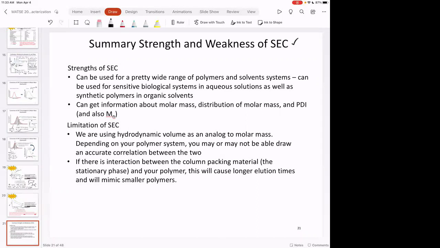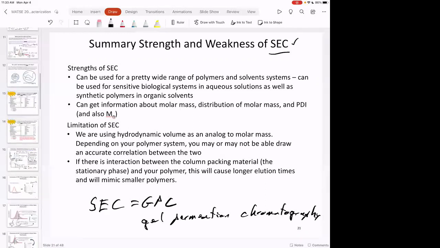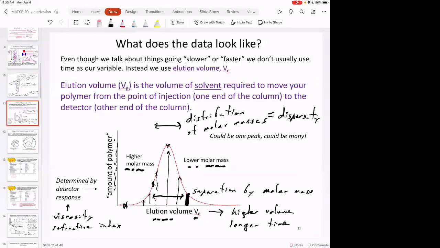And we do that because this is such an important technique. This is also called GPC, which is gel permeation chromatography. So whether you call it size exclusion chromatography, which a lot of people do, or gel permeation chromatography, it's exactly the same thing.